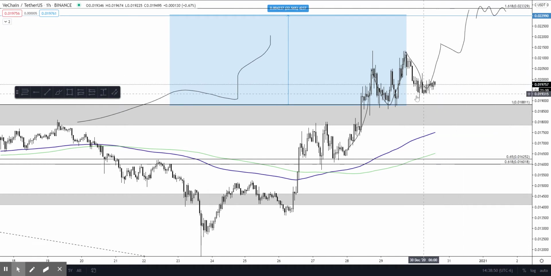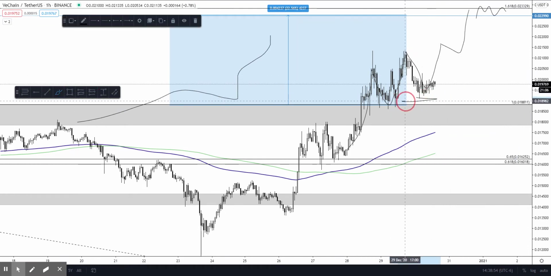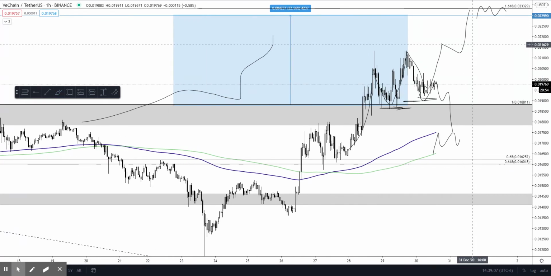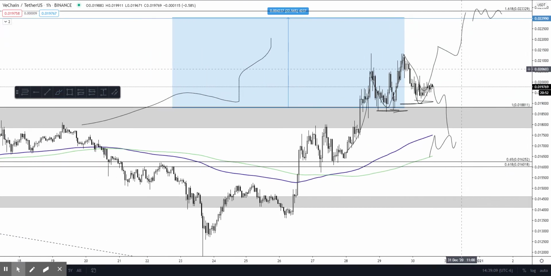Until you see that structure break, meaning until you see price trade below these lows again, you can then anticipate that it'll test this demand zone again. And if we test the demand zone too many times, we'll fall through it, potentially come down and test our 1 hour 200 MAs. Okay, so that USDT looks very good. You could even try an entry right here, right now.